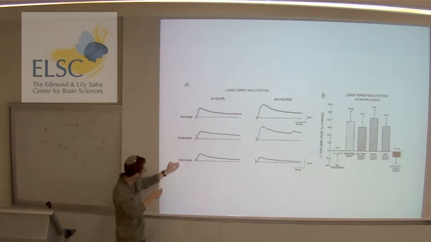When we add the CRE oligonucleotide, it doesn't allow any increase in the amplitude 24 hours later. Hence, there was no long-term facilitation. There was short-term facilitation. I don't have it here. They have it in the paper or in the supplementary material. I'm not sure. But in the short-term facilitation, you see some difference. You see facilitation, but not long-term one.